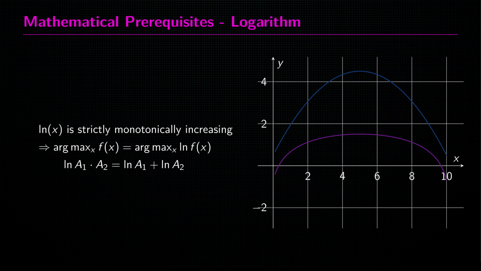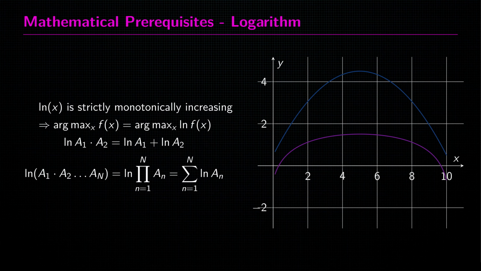Another property of the logarithm is that the logarithm of a product can be rewritten as the sum of the logarithms of the individual terms of the product. Again, this can be generalized to an arbitrary number of terms in the product, which gives us the sum over the individual logarithm functions. With these two properties, we can now continue our derivation of the maximum likelihood estimator.